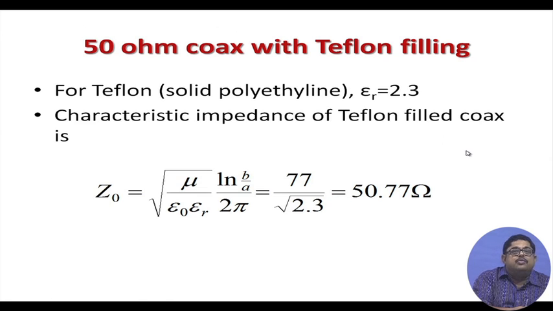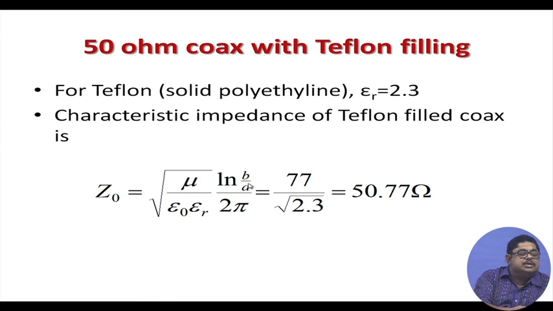Now, how can we make 50 ohm with a dielectric? Let us take Teflon, a very easily available dielectric, or solid polyethylene, whose epsilon r is 2.3. What will be the expression for this? We have already seen that the b by a ratio of 3.6 minimizes the conduction loss.